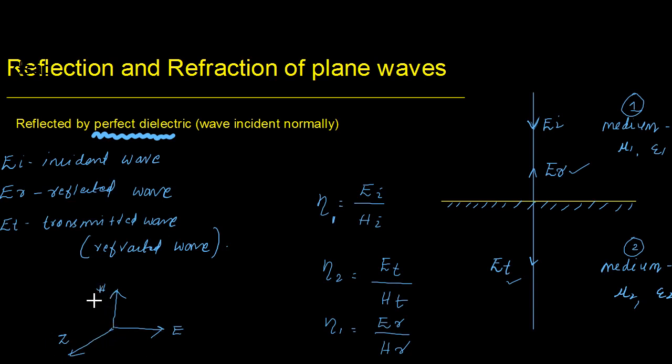Eta represents the intrinsic impedance, which is the ratio of the transverse components of E and H. In another way, as we discussed in the last class, we can represent eta in terms of permeability and permittivity. For medium 1, eta 1 is the square root of mu 1 upon epsilon 1, and eta 2 is the square root of mu 2 upon epsilon 2.